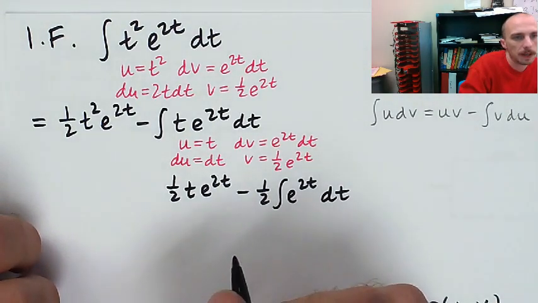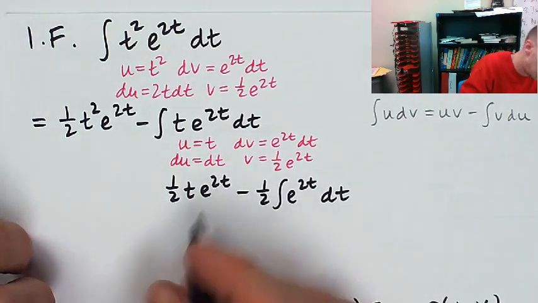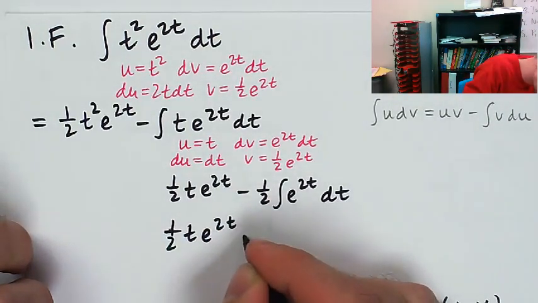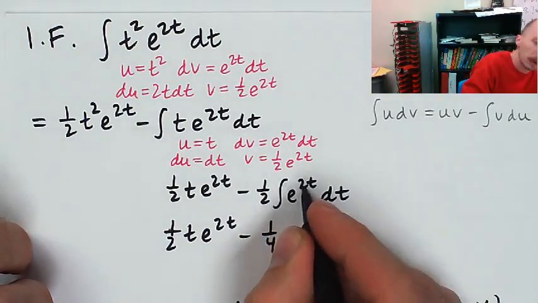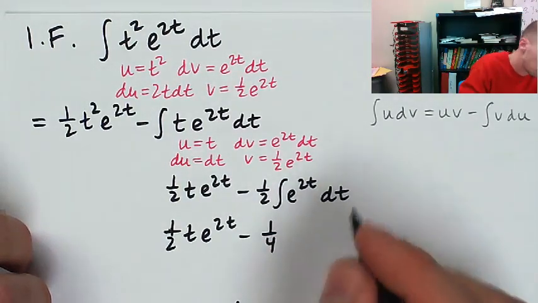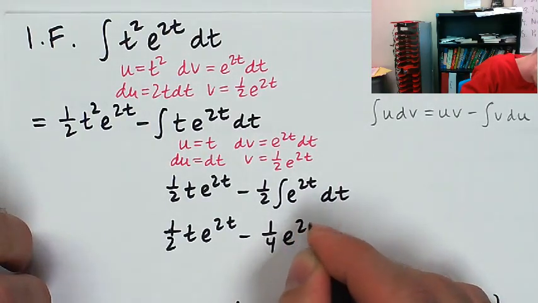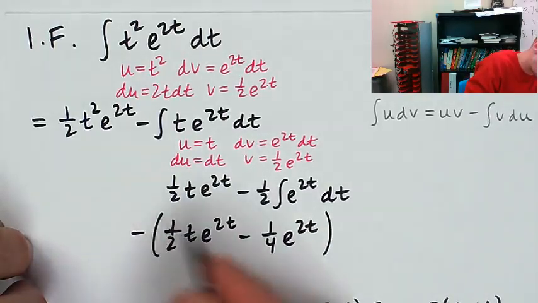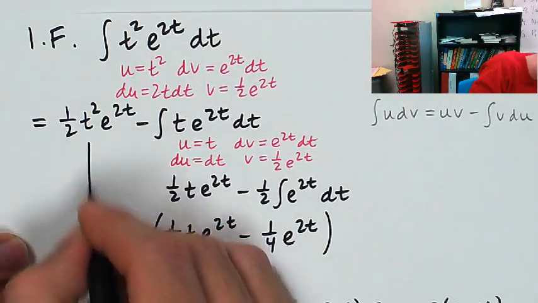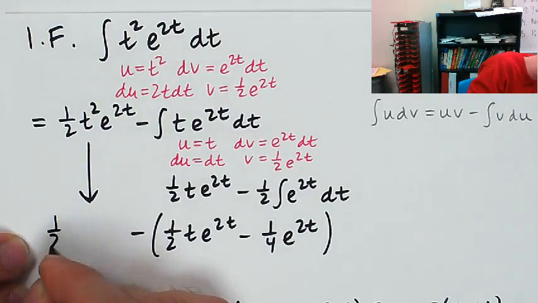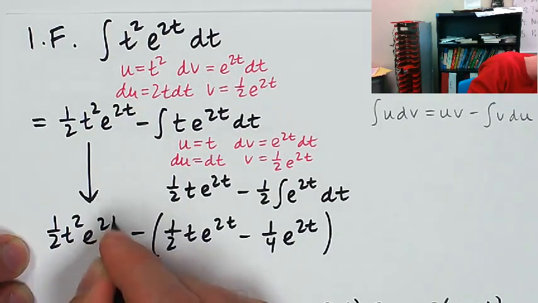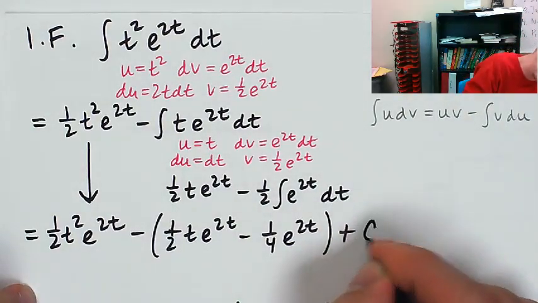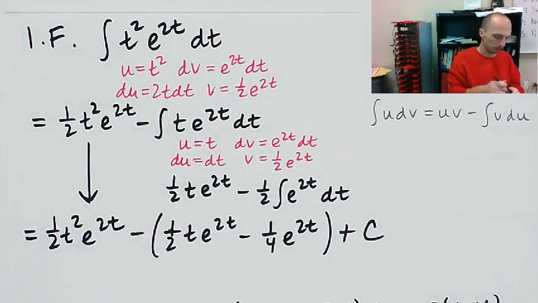Well, this is becoming 1/2 t e to the 2t minus a quarter, because I'm going to have to divide by 2 for that again, and I already have a half there, so it's going to be a quarter, e to the 2t. That's what we're going to be subtracting right there. I still have this. And I'm not going to forget to add my plus c because it's an antiderivative question.